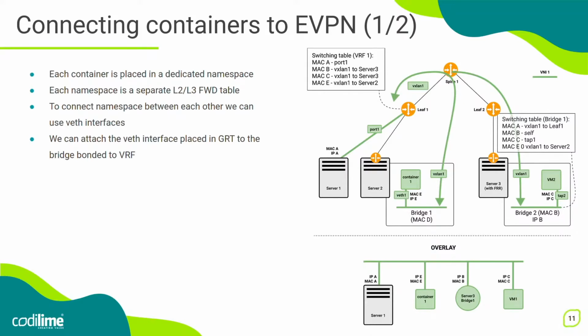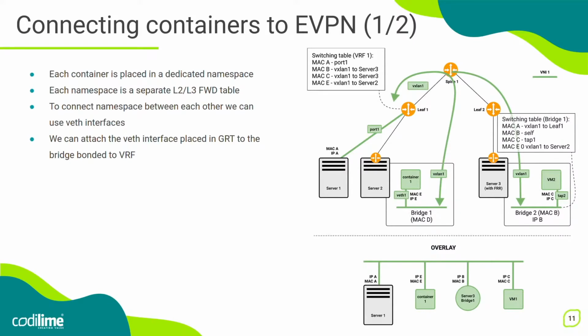Having a namespace is only half of the way. We have to put a network interface there. Putting a physical interface there gives us nothing, because we lose that interface from the global routing table and we lose connectivity. So we can use veth interfaces. Those are funny things, like a virtual pipe: what comes in at one point comes out at the second point. So we create a veth pair and move one endpoint to the namespace dedicated to that container.